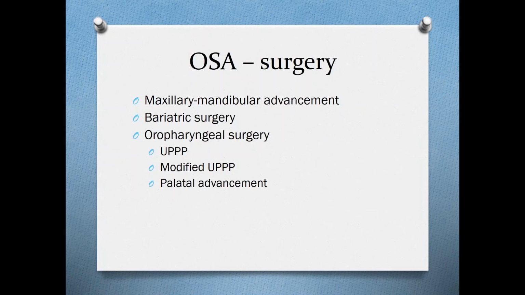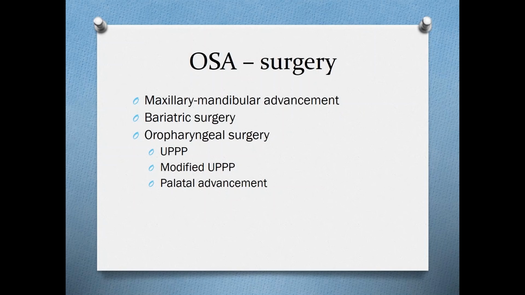Palatal advancement, if the hard palate is too long, is done in occasional selected people, and a combination of that and soft palate surgery is considered to be as effective as maxillary advancement and less morbid.